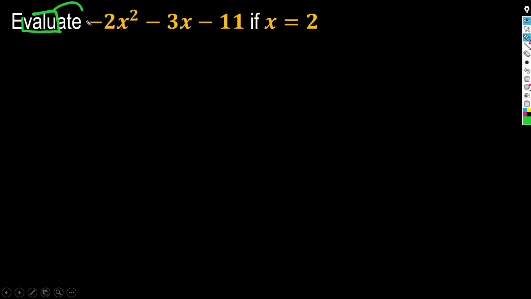Hinahanap mo yung value ng mismong expression. Kasi remember, variables are basically placeholders for numbers. They are numbers themselves. No? They're placeholders. So that the expression itself, in this case, a trinomial, will have a particular value given the specific value of x in this situation, which is 2.